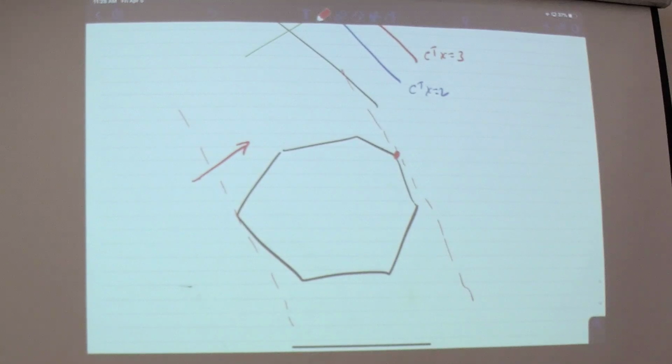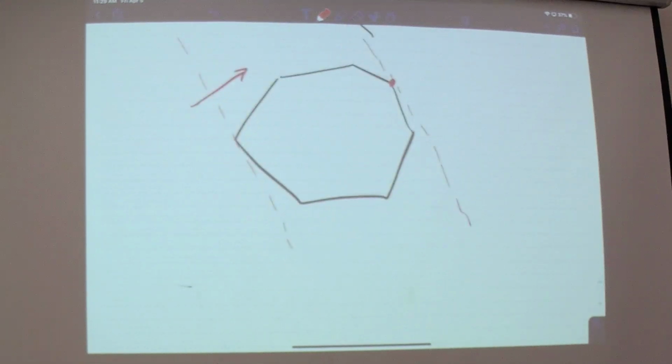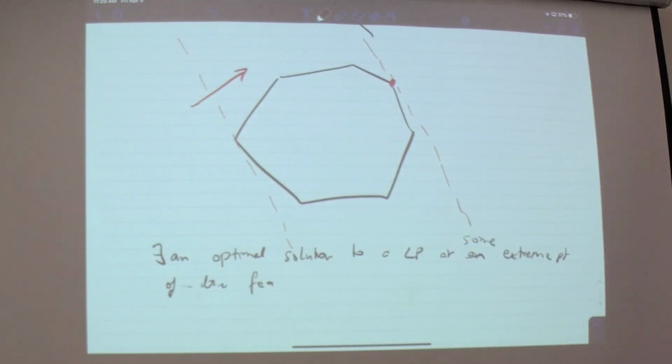Okay? So again, I'm not going to prove this here in class. It's an interesting fact that we know, and it's not hard to prove, it takes some work. So the claim I'm going to make is that there exists an optimal solution to a linear program at an extreme point of the feasible region.